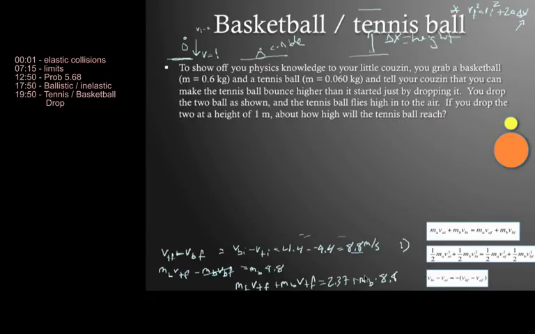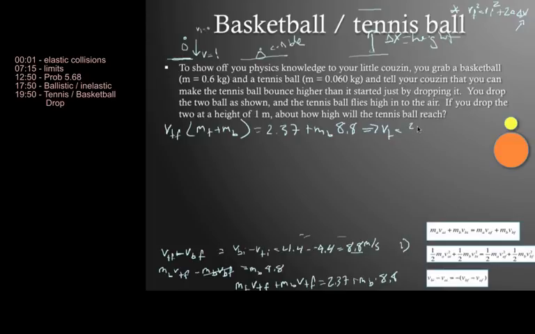So now I just have this equation, and I can write out it all in terms of this VT final. MT plus MB is going to be equal to this 2.37 plus MB 8.8, and I'm just going to solve for this VT.